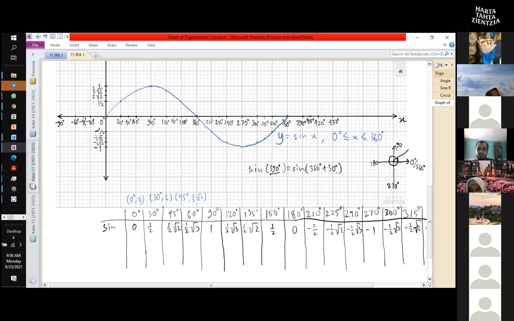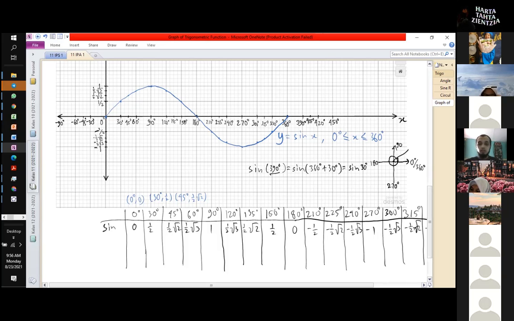Yeah, and it also is true for the next angles, yeah. So actually for any angles greater than 360 degrees, you can just subtract by 360, yeah, to get the sine or the cosine or the tangent.